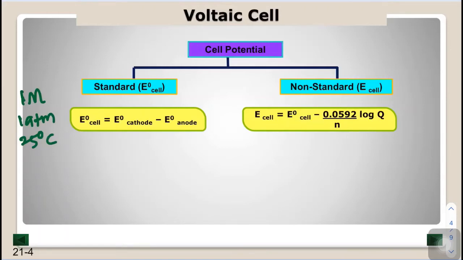The Nernst equation is E cell equals the standard cell potential E naught cell minus 0.0592 over n log Q. Q is the ratio of the concentration of the products over reactants, as we have calculated in equilibrium.